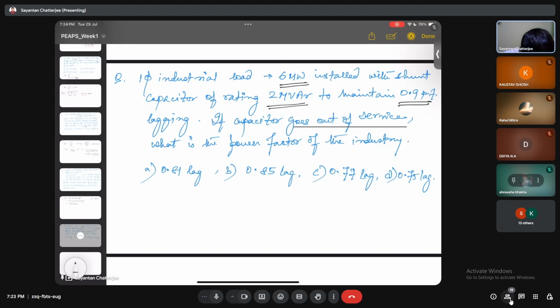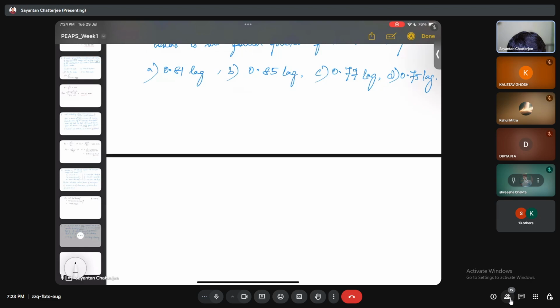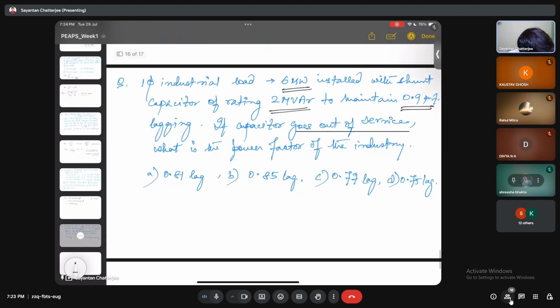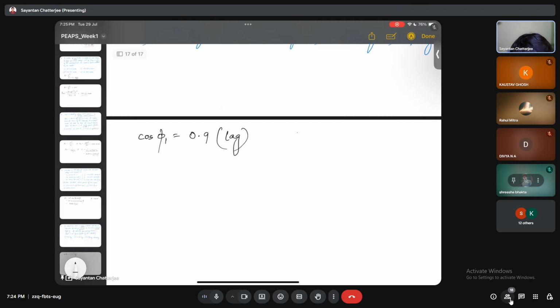Okay, so you also try to solve. Till then, I guess you have noted down the values, so that I can start solving, and in the meantime, you can also find the right answer. So the initial cos phi that is given is 0.9, so cos phi 1 is 0.9. From cos phi 1 equals 0.9 we can calculate phi 1, right?